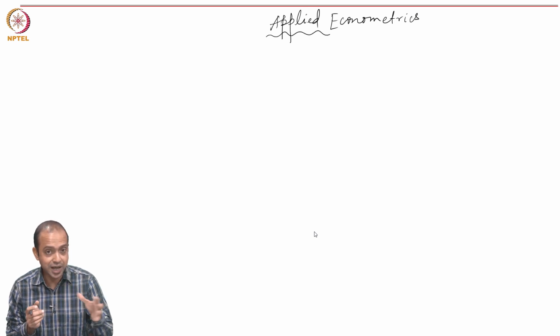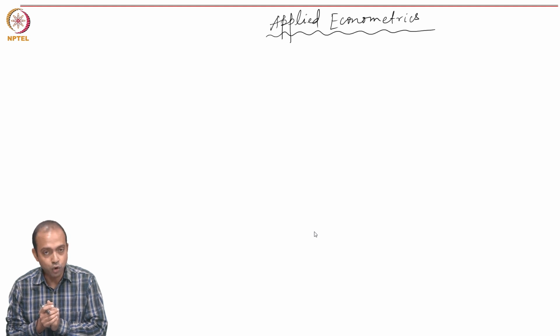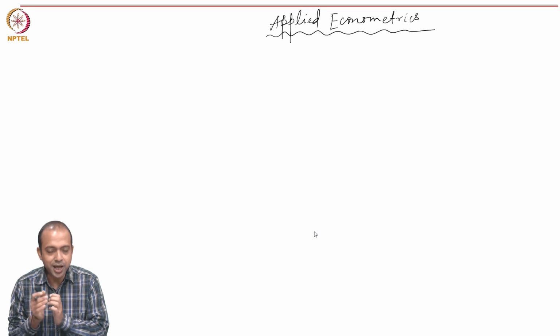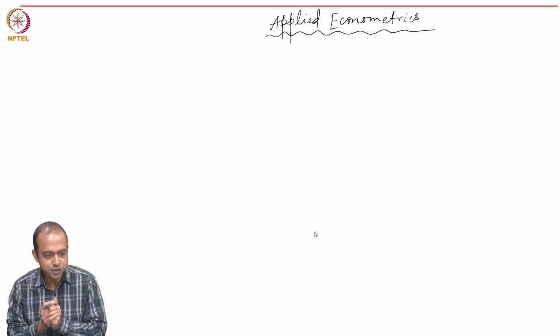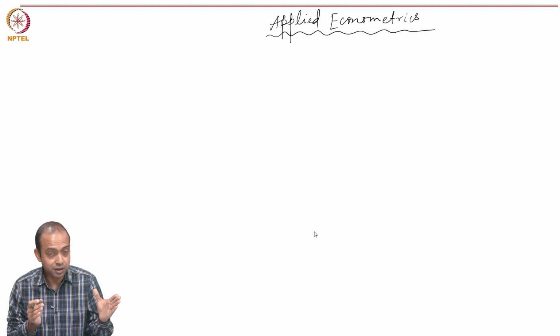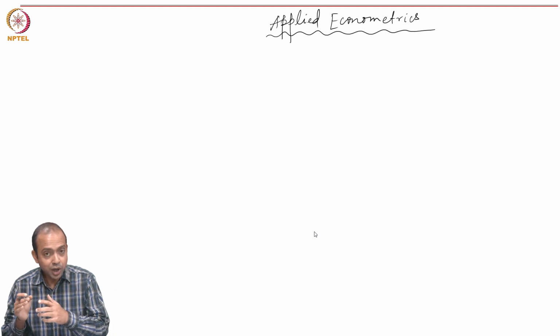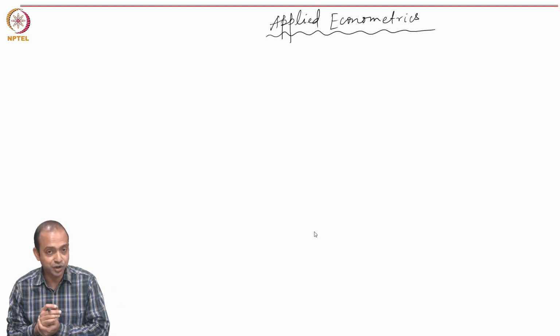Here in applied econometrics, we will relax those assumptions, because many a time we get situations wherein those assumptions are not met, and that is why we need advanced econometric models to deal with such situations.